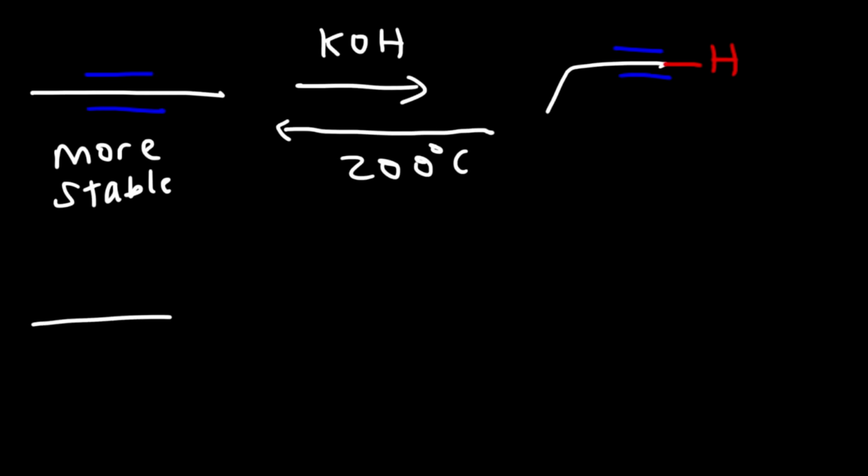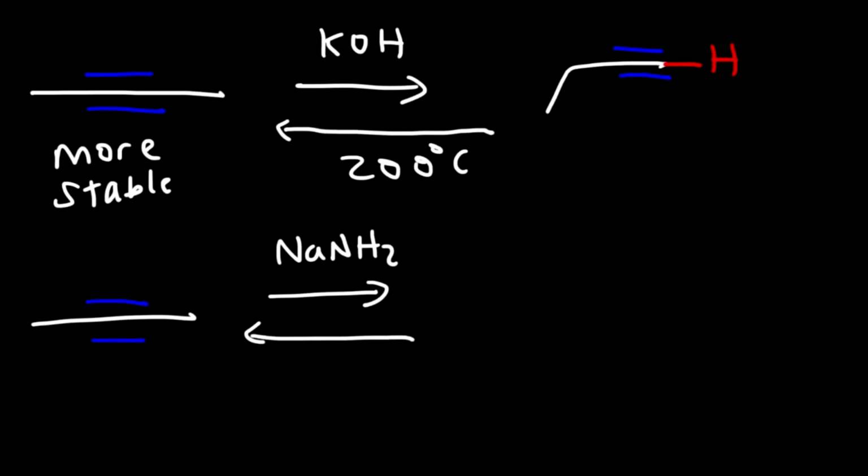Now, when using sodium amide, the same thing is going to happen. These two reactions are still reversible, with the internal alkyne being more favorable, even with NaNH2. So this is still more stable. However, NaNH2 can take off this hydrogen.